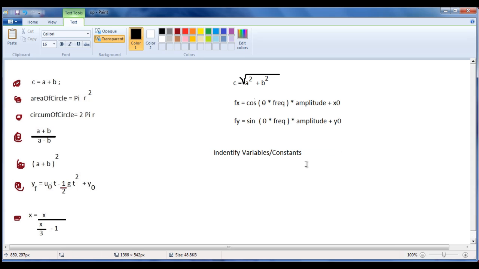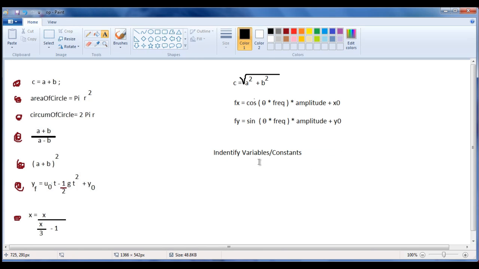You need to identify whether an expression contains variables or constants, or which symbol is a variable and which symbol is a constant. That is the first step.